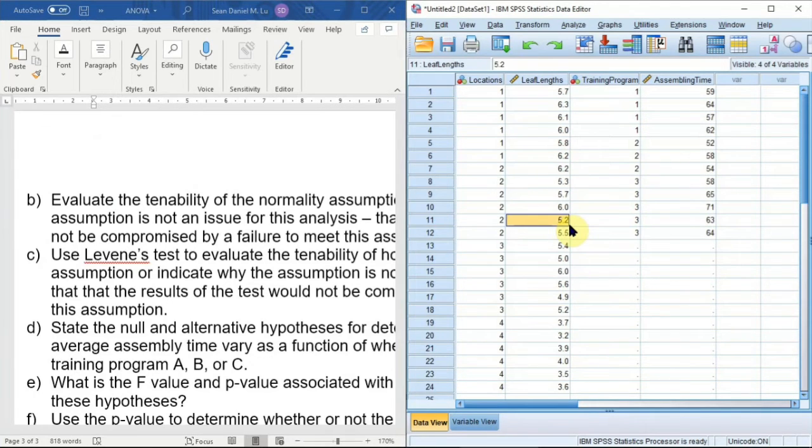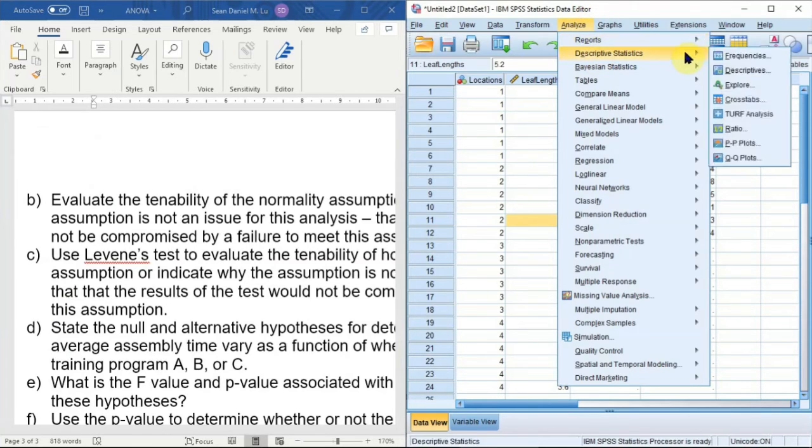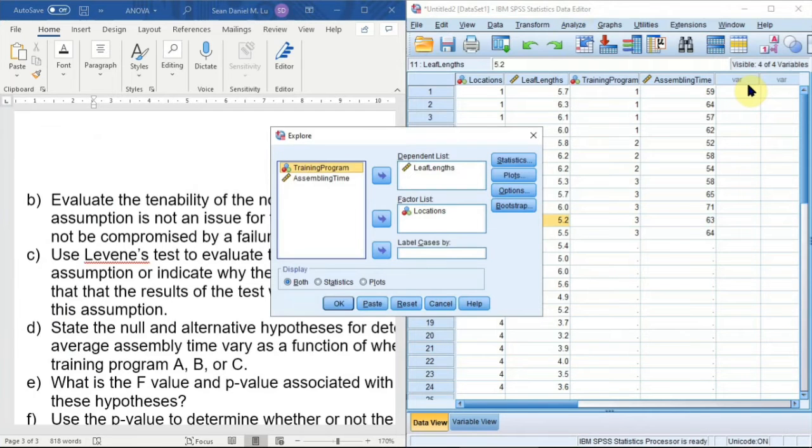So now we're going to perform the normality test using the skewness ratio. Analyze, Descriptive Statistics, Explore.